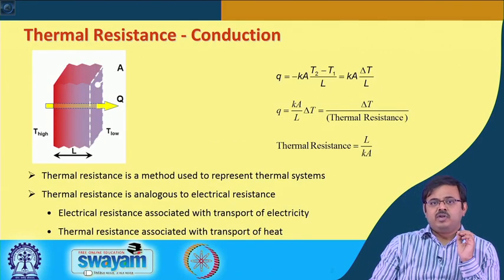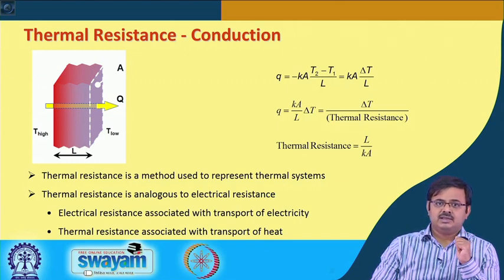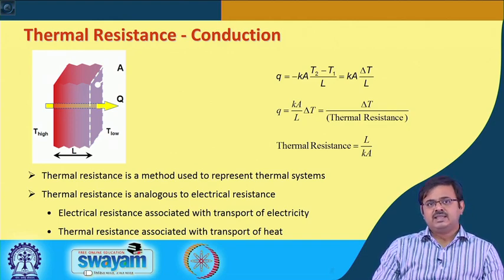The next thing that we want to introduce is the concept of thermal resistance. Okay. So, let us take conduction as the example. We saw this cartoon in the last lecture. Q is K A delta T over L. Okay.